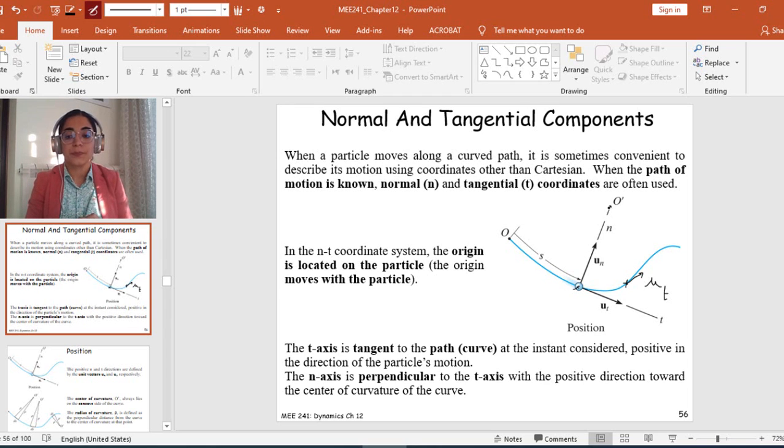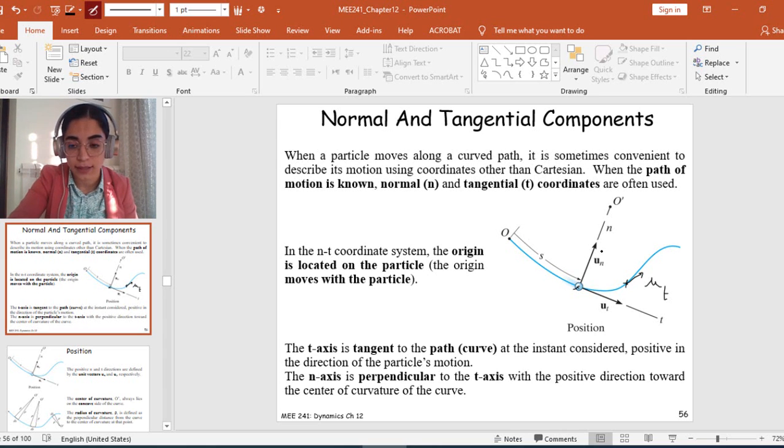Now, guys, ut indicates the positive tangential direction, so it is always directed with the motion, or in the direction of the particle's motion, while un is always directed towards the center of curvature.